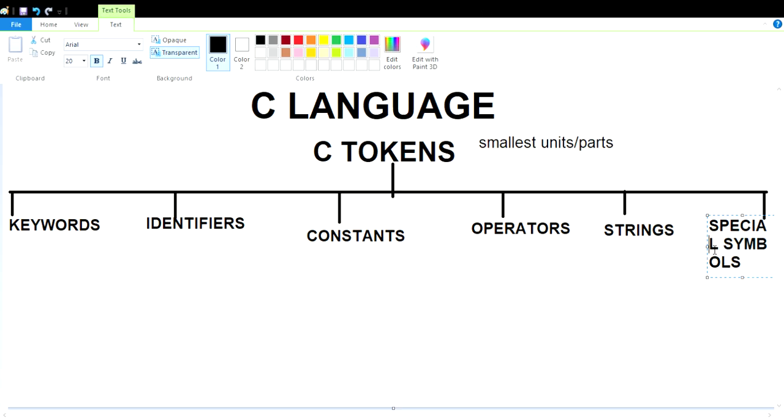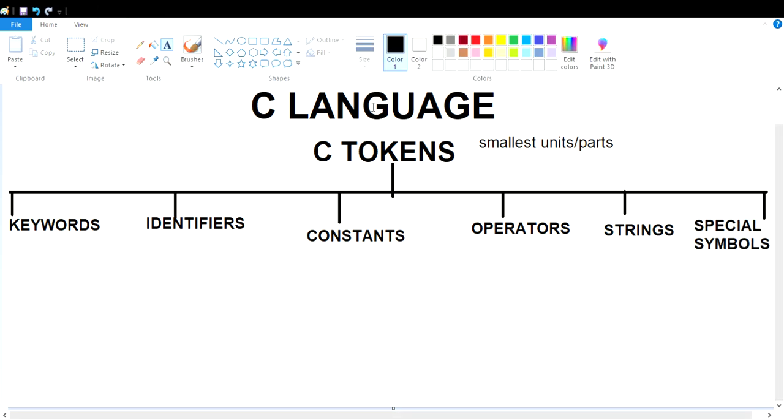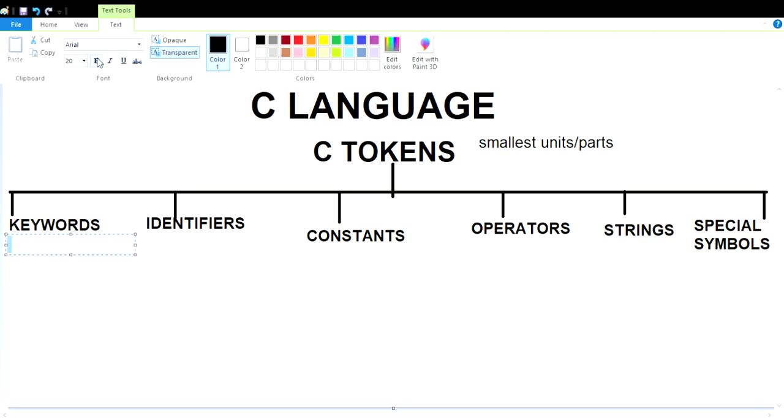So these are the different types of C tokens present in the C language. Now we will see one by one what these tokens are and what rules we have to follow for each token. The first one is keyword. Keywords are also called predefined words or reserved words.